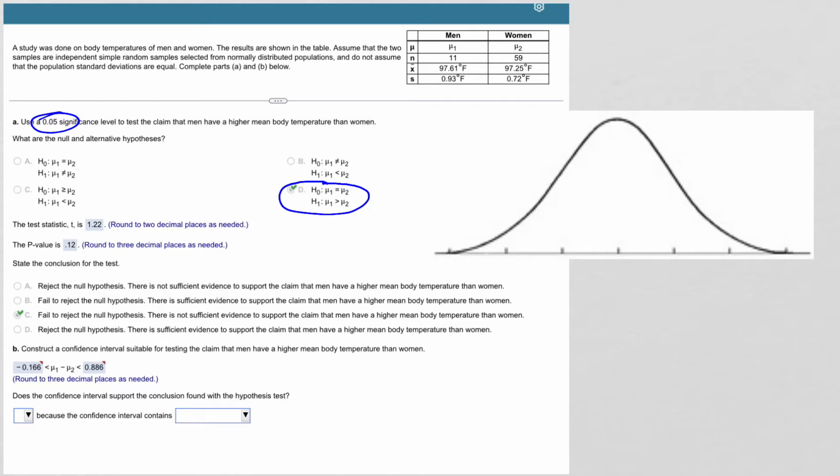So when we do a confidence interval for a hypothesis test, what we're going to do is look at what type of test it is. And we said that was a right tail test. So I have that 0.05 on the right-hand side of my distribution.